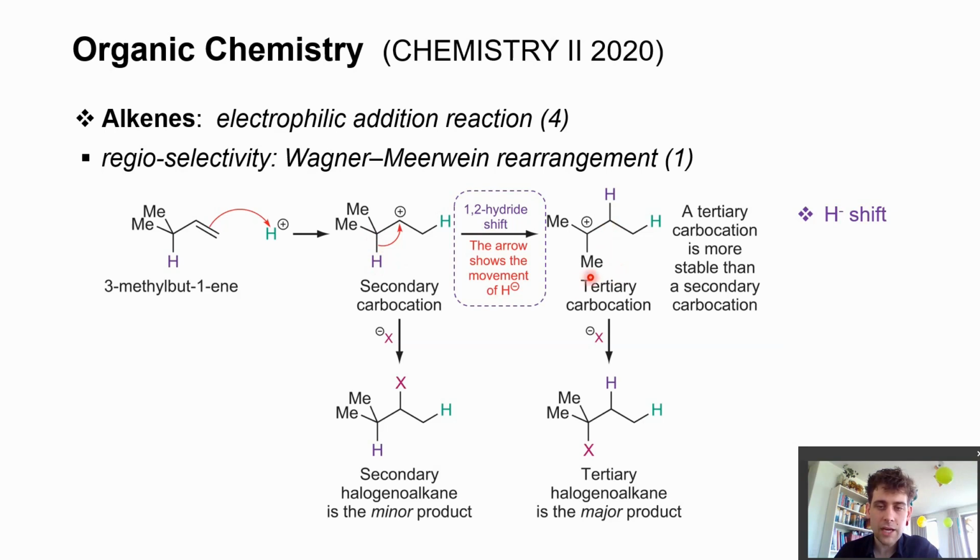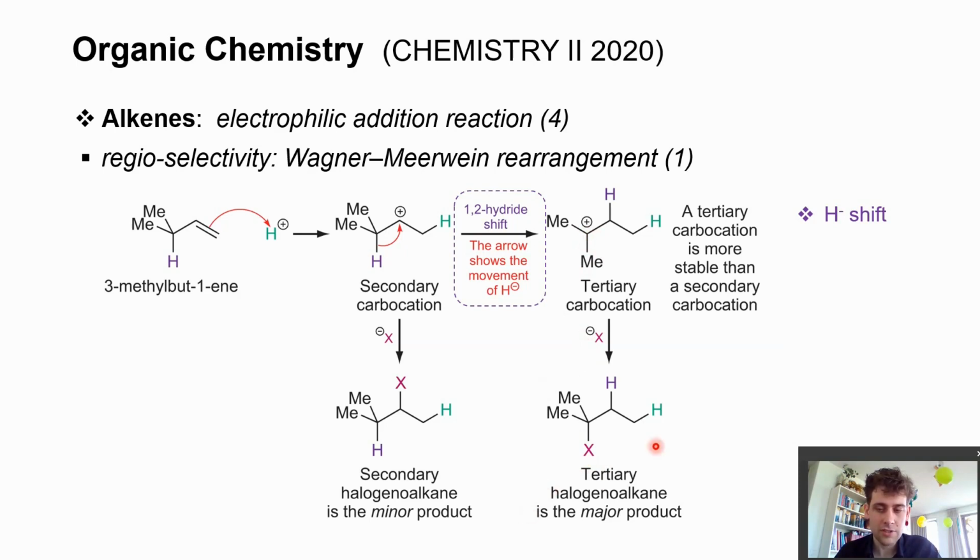That's the formation of a tertiary carbocation, because we're moving from a secondary carbocation that we started with to a tertiary one. And this one is again more stabilized than the secondary one. So this one here is favored. And only then, our X minus, our nucleophile, adds to our intermediary carbocation, and so we are actually getting a tertiary halogen alkane as our major product.